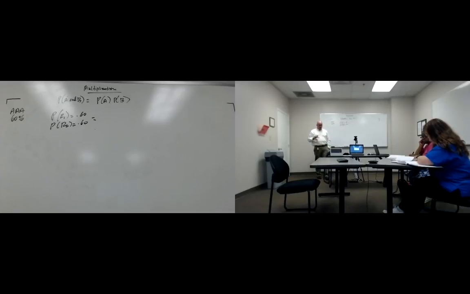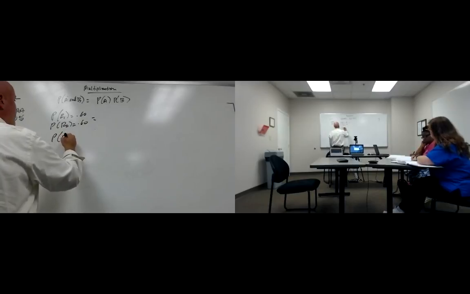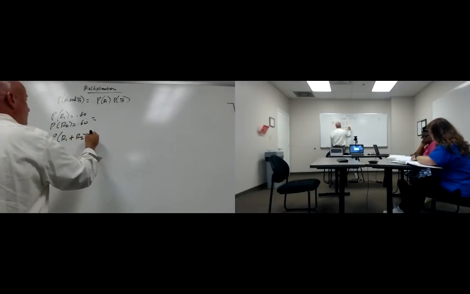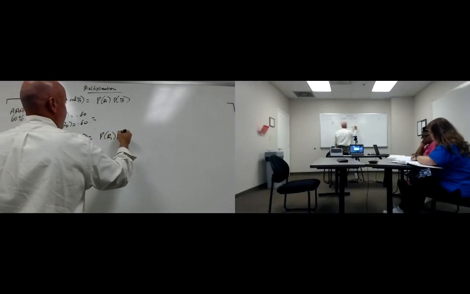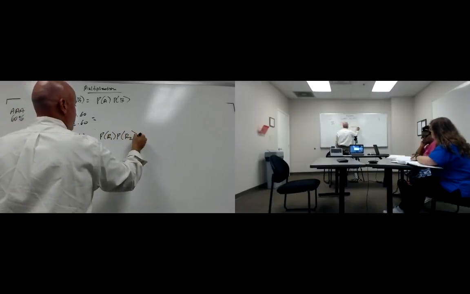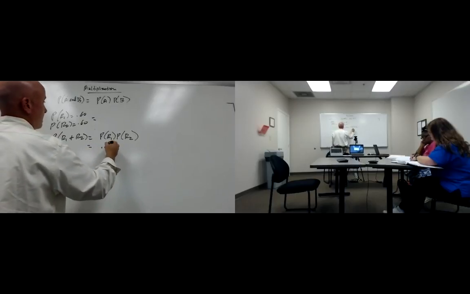So what's the probability that both reservations were made online? 0.36. So the probability of R1 and R2 is equal to the probability of the first one times the probability of the second one.